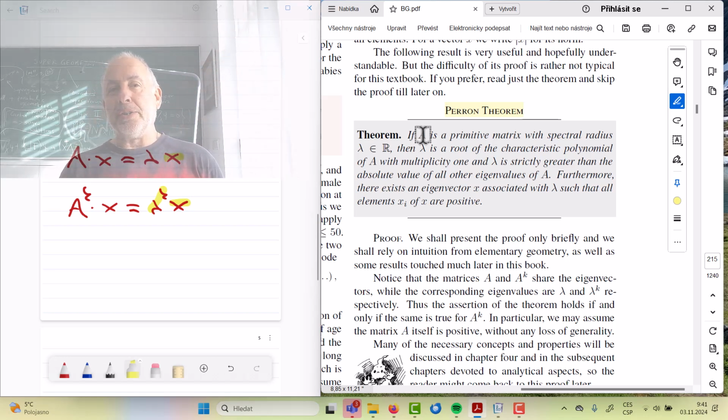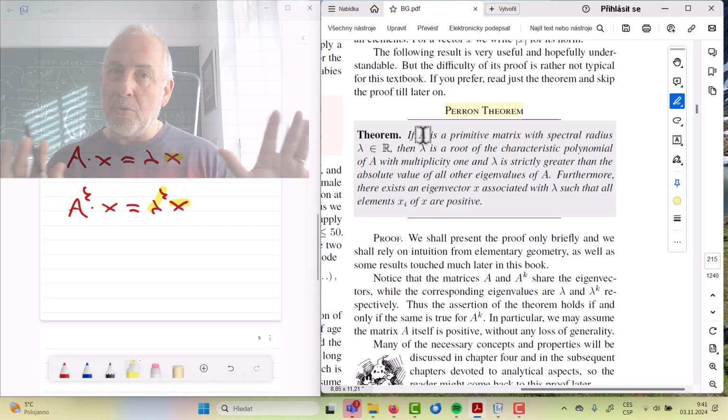And we shall deal here only with the so-called primitive matrices, where some power is already only positive, right?